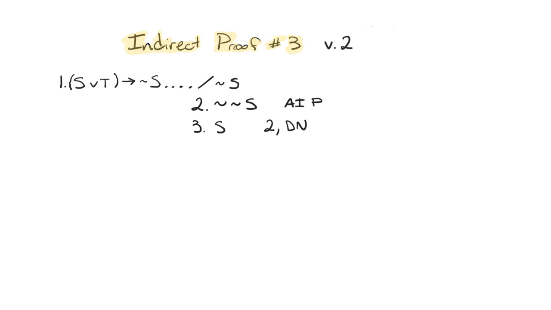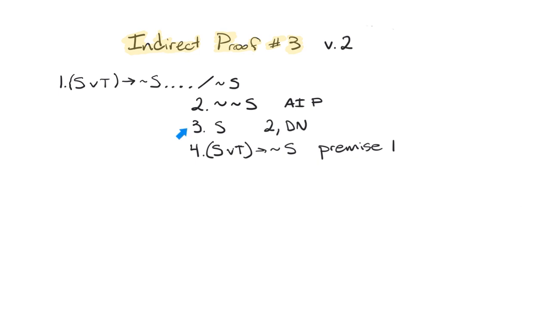And then line 4 is just the restatement of the premise: if S or T, then tilde S. And we just show that that's premise 1.